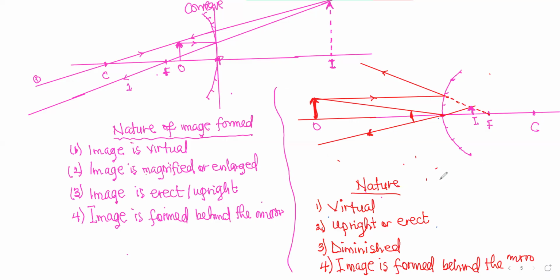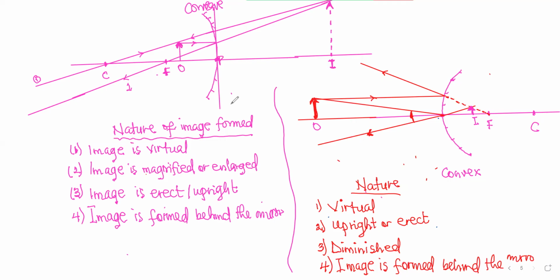Now, for convex mirrors, no matter where you place the object, the same characteristics or nature of image will be obtained. Whether you bring the object close or take it far away, you get the same characteristics of image.